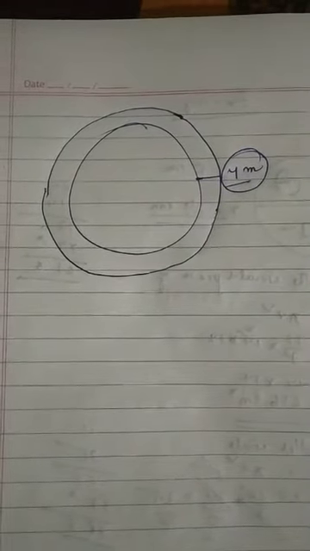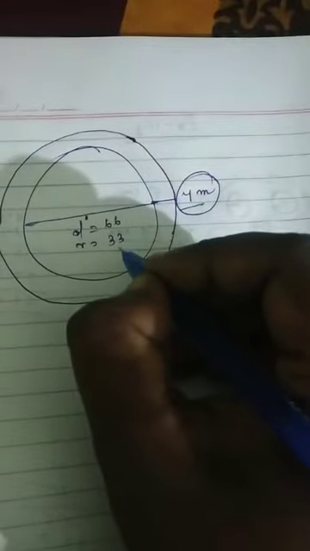The diameter of this flower bed is 66 meter. Diameter is 66, so naturally the radius will be 33. Half of the diameter is the radius, 33.